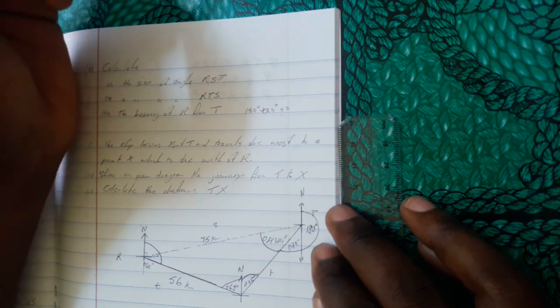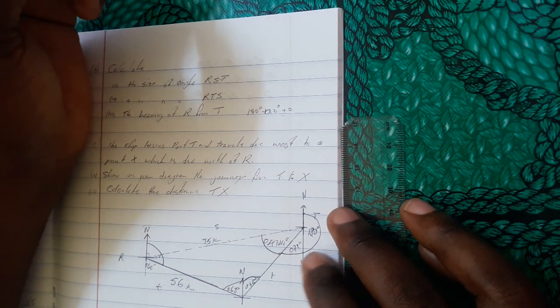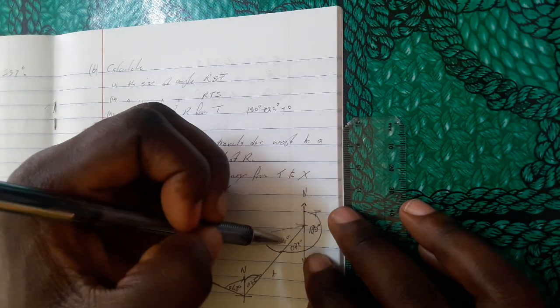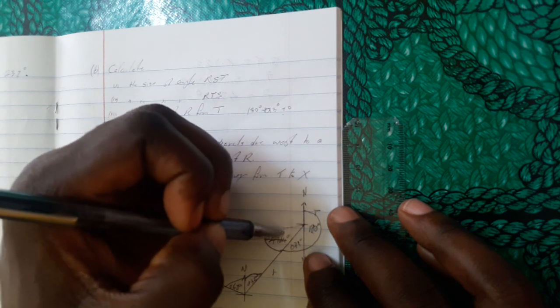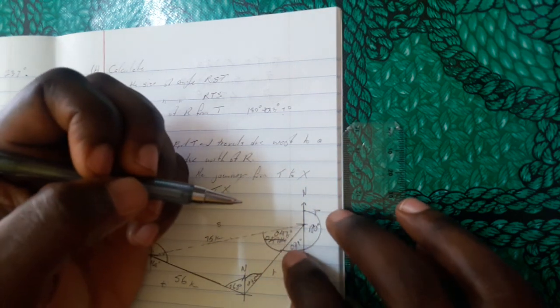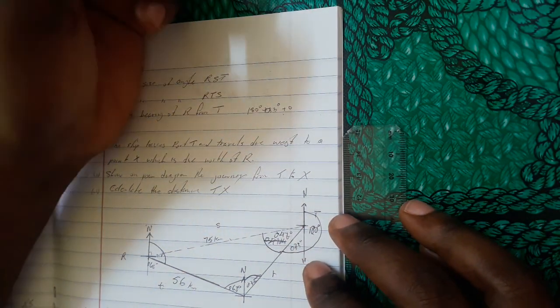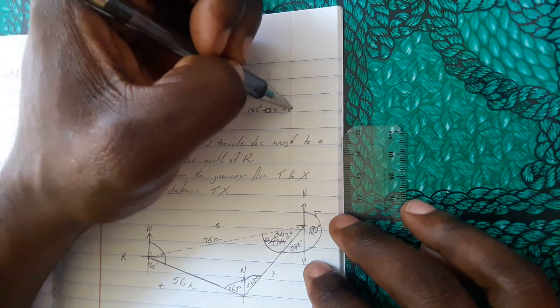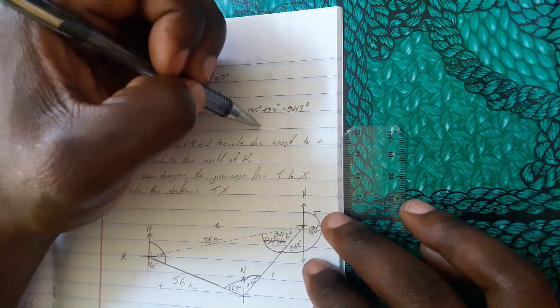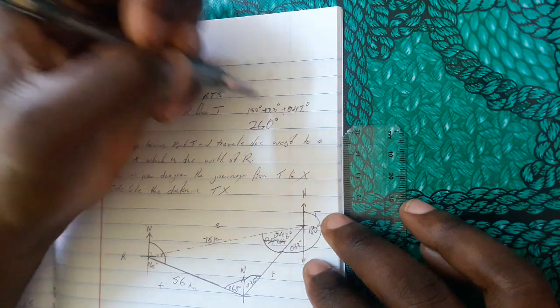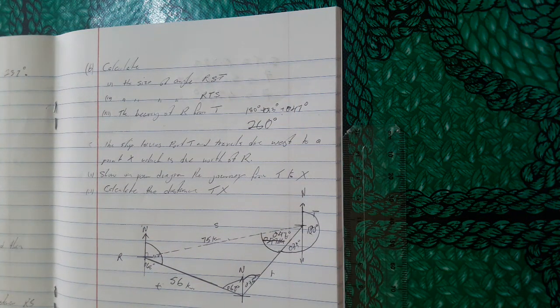If bearings are measured using three digits, then we can put this as 47 degrees and not put the decimal point. That makes more sense now. So when you add all this, you get 260 degrees. The bearing of R from T is 260 degrees.